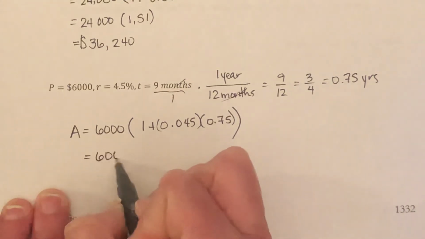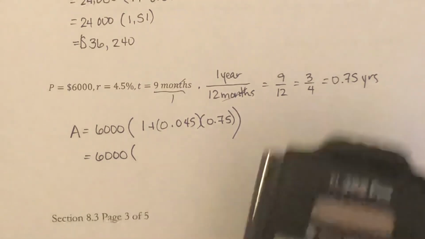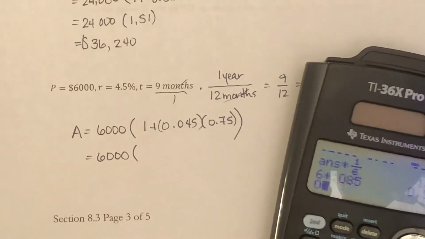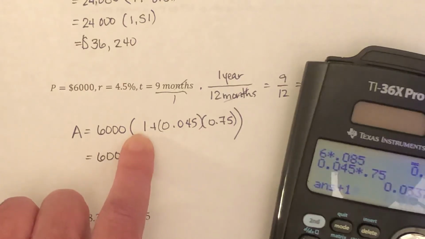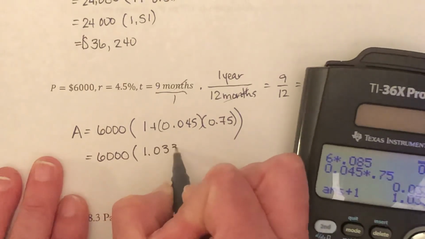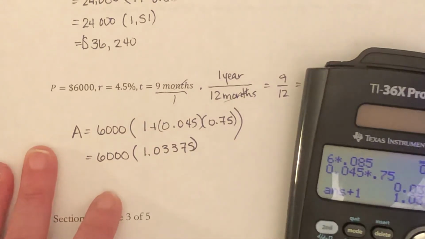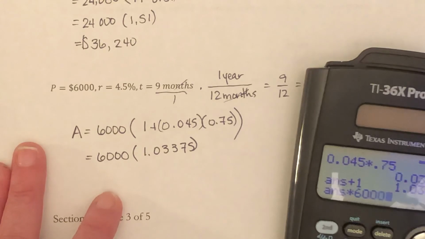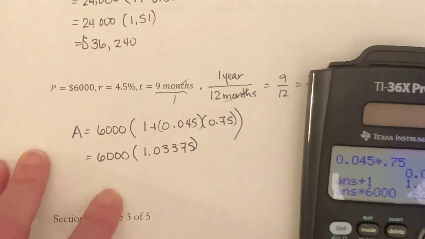So this is 6,000 times 0.045 times 0.75. And then I'm going to add 1 to that. So the number in here is 1.03375. And I'll multiply that by 6,000. And you get $6,202.50.